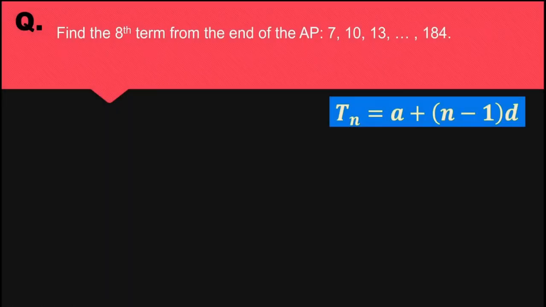Now this is an interesting question. Find the 8th term from the end of the AP 7, 10, 13 up to 184. We have to find the 8th term from last, so the 8th term from 184.